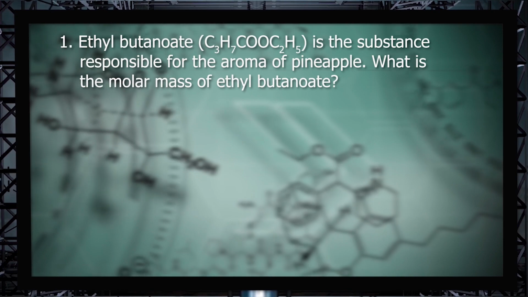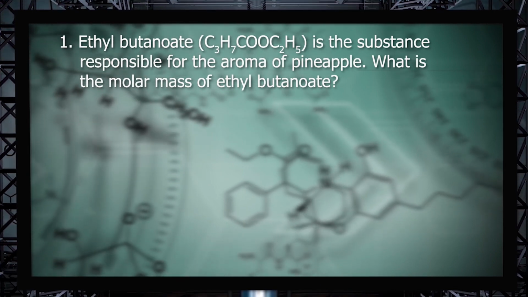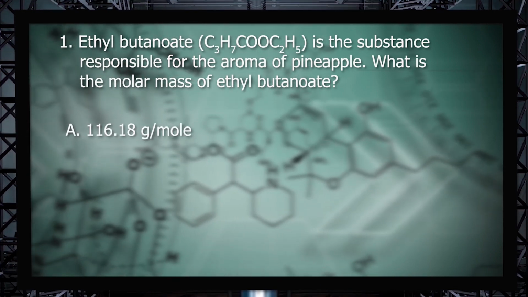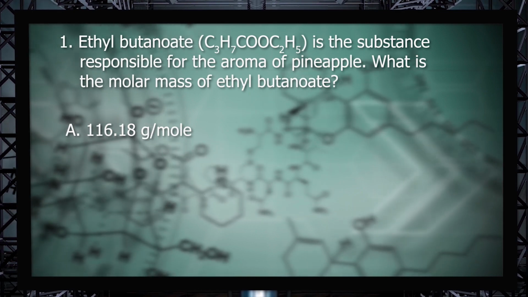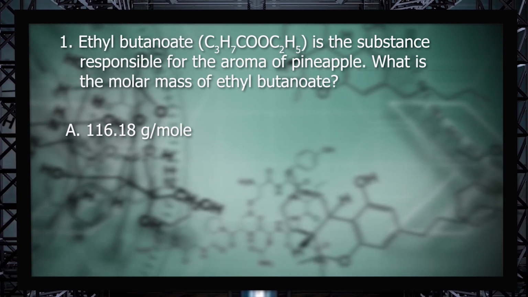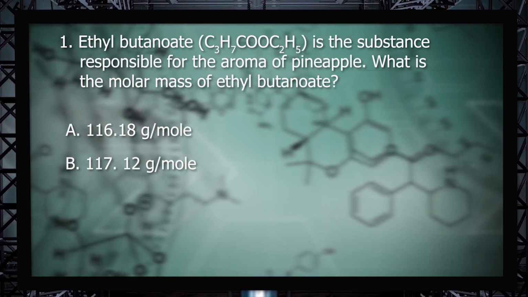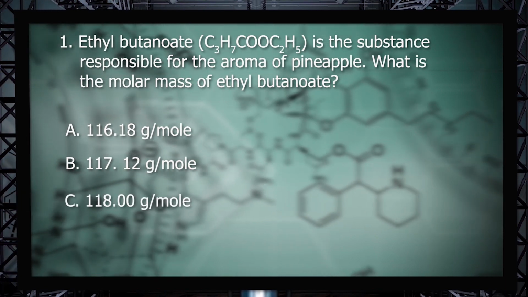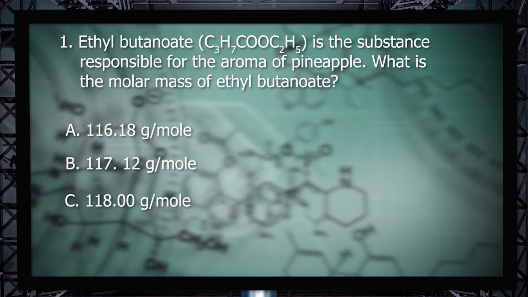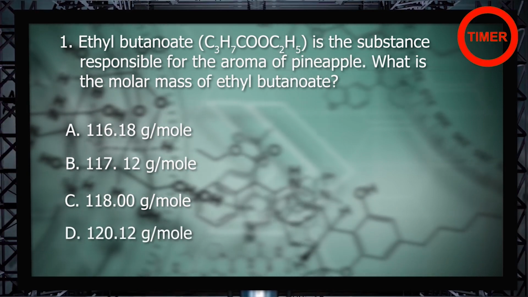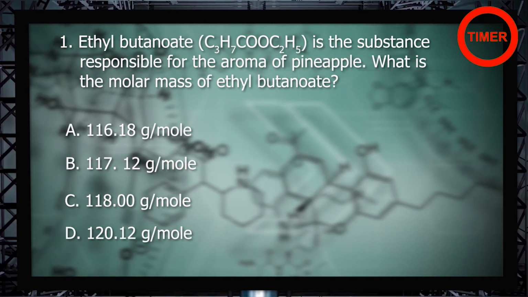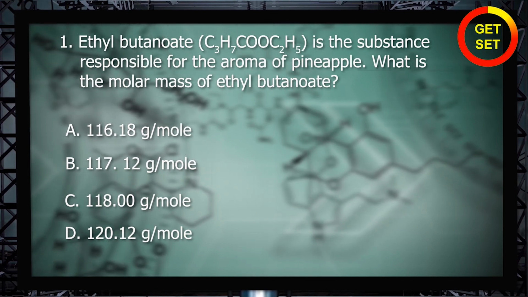What is the molar mass of ethyl butanoate? A. 116.18 grams per mole. B. 117.12 grams per mole. C. 118.00 grams per mole. And D. 120.12 grams per mole.